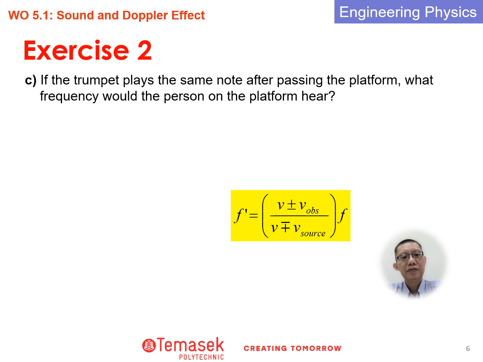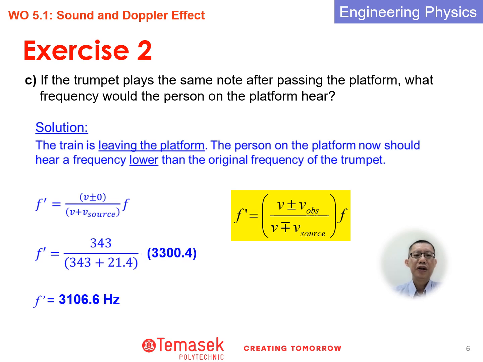For part C, we are to determine the frequency heard by the person after the train passes the platform if the trumpet plays the same note. From the problem, we know that the person is the observer while the moving train is the source. But now, f prime is the observed frequency we are to determine.